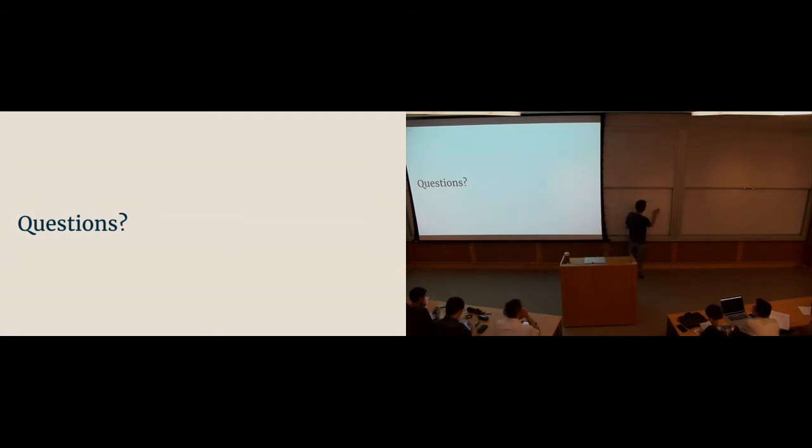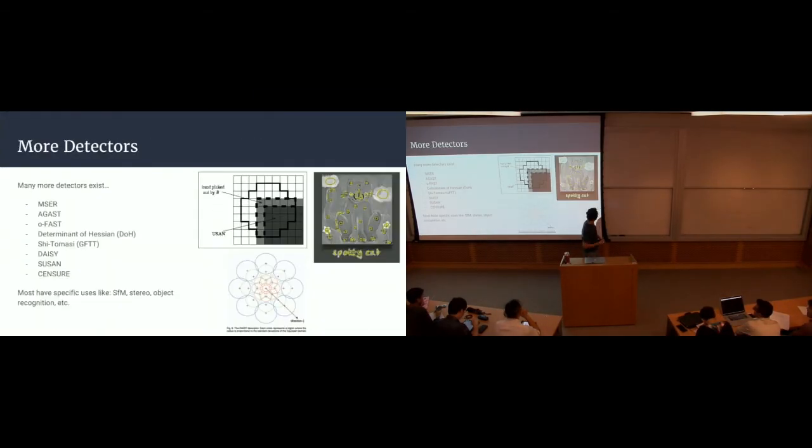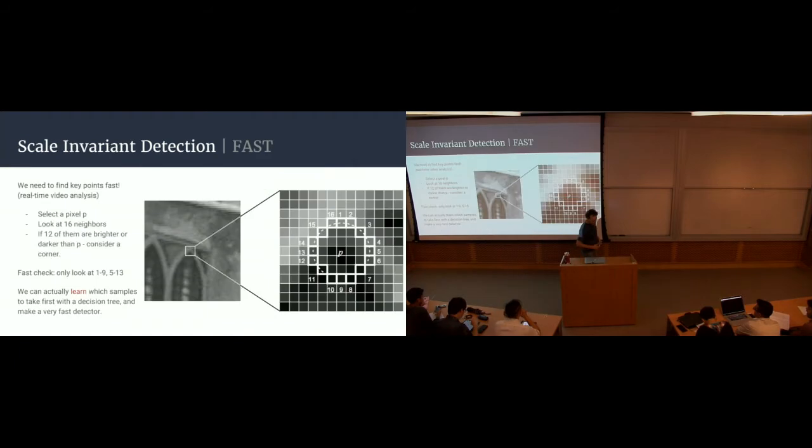Just to explain the FAST idea, you have a pixel with its surrounding pixels. A center pixel has a certain value, say 100.